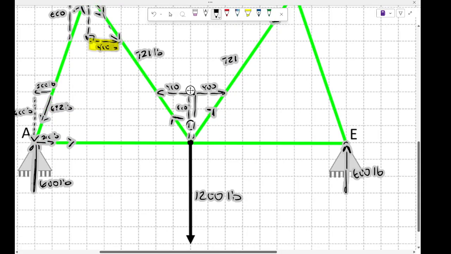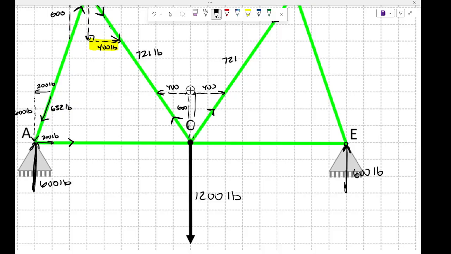We know that if we're just looking back down here at this joint C, we're now starting to piece things together. Let's look at AC again. AC has 200 pounds that way. Well, that should be 200 pounds this way. And that's going to have to get balanced by 200 pounds to the right, which is then going to pull on this one with 200 pounds.